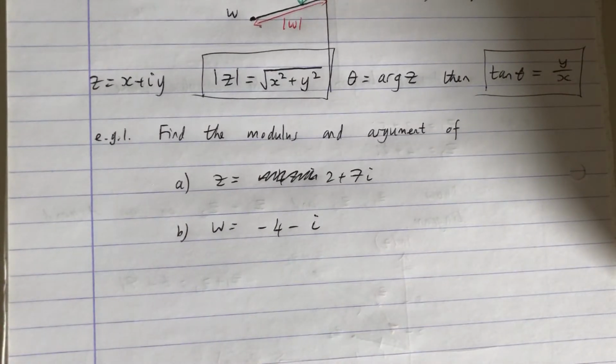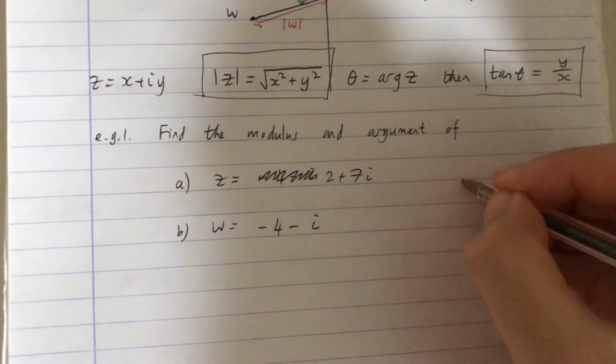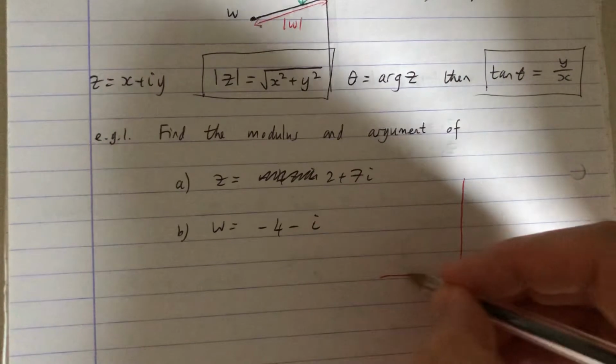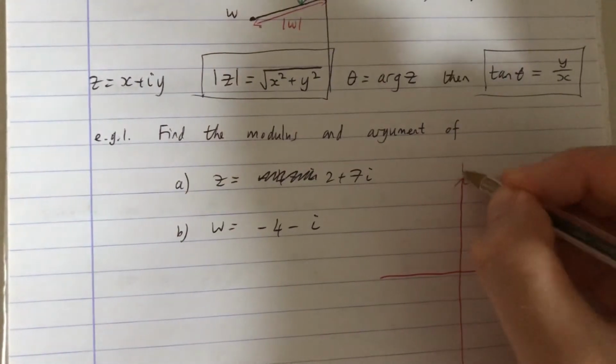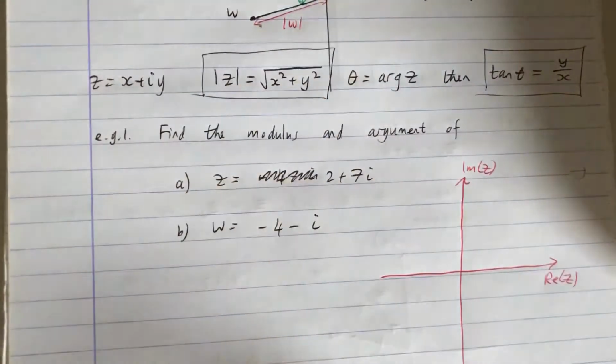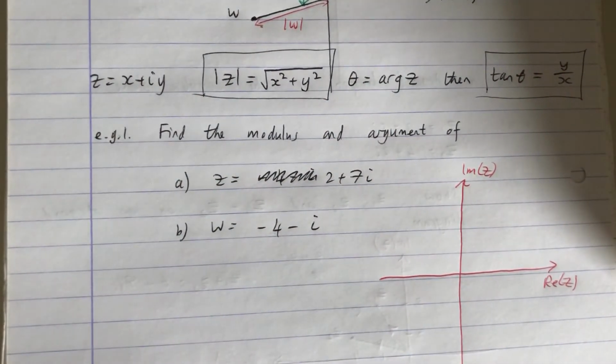So imagine you have two complex numbers, z and w, and you have to find the modulus and argument of both of them. I would always encourage you to draw a sketch. I've never really seen anyone get one of these wrong if they have drawn a sketch, but I've seen plenty of people get these wrong if they haven't.